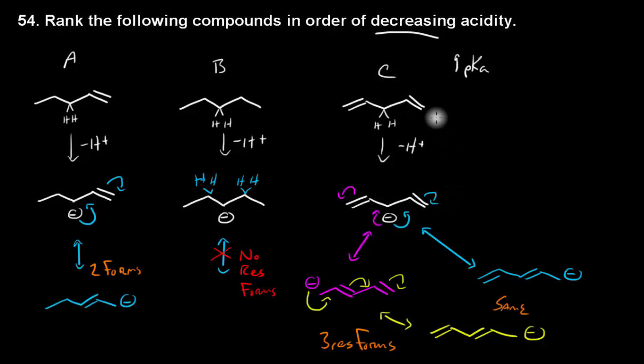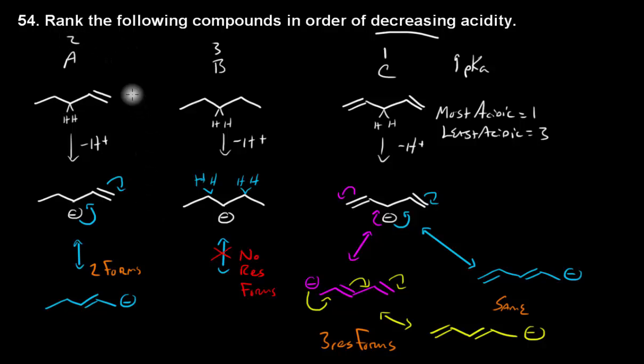Compound C, before you lose a proton, is going to be the most acidic as 1, and least acidic is going to be 3, and this is going to be 2.